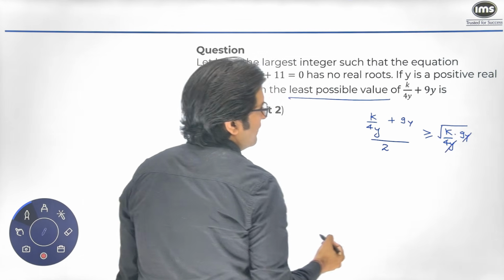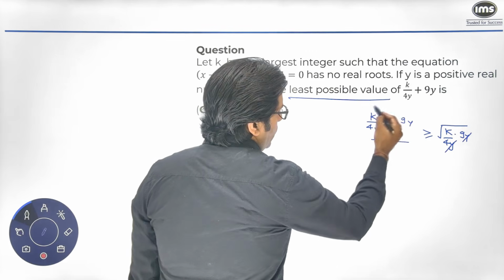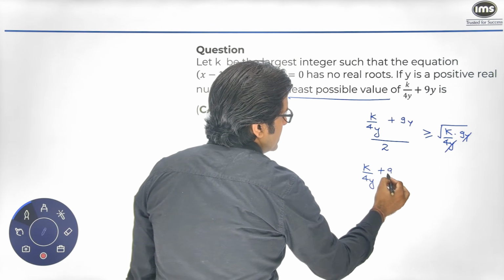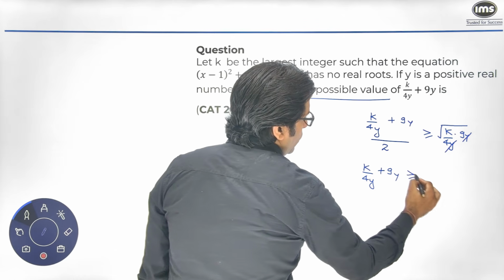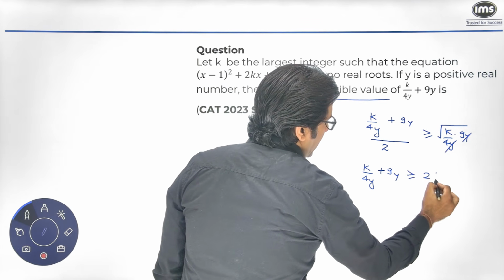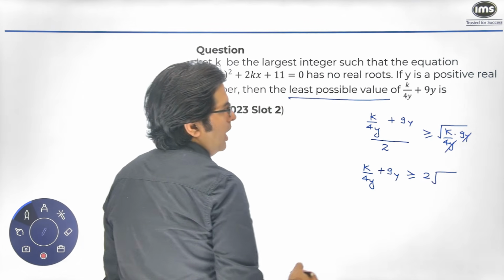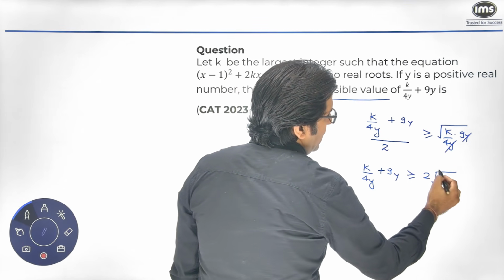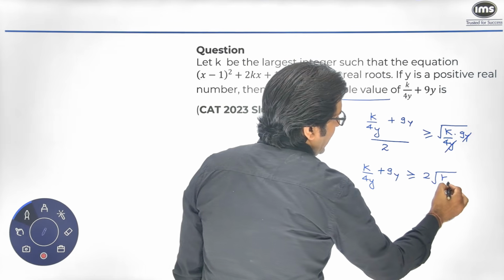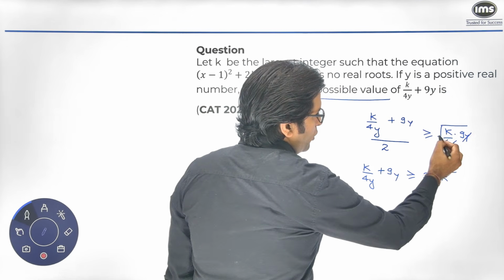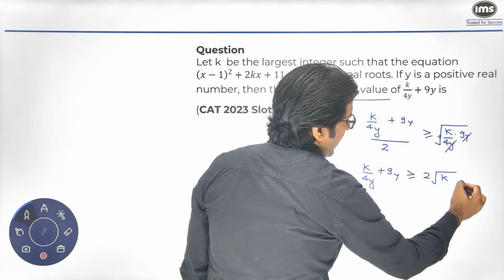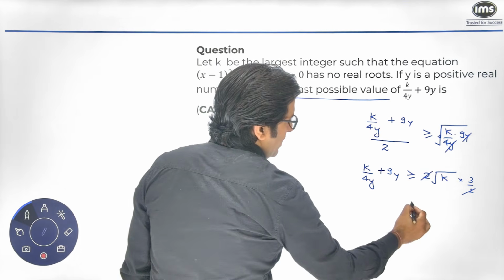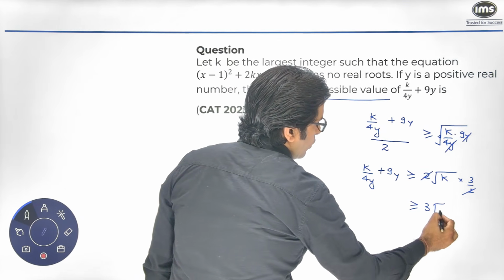I can cancel Y with Y. Effectively, to get the minimum value, I'll have the expression K by 4Y plus 9Y greater than or equal to, 2 will get multiplied on the right hand side, so 2 under root of 9K by 4. Can I say 9K by 4? I keep root K as it is and I'll take under root of 9 by 4 separately out as 3 by 2. So this 2 and 2 cancel. So effectively my answer is 3 root K.